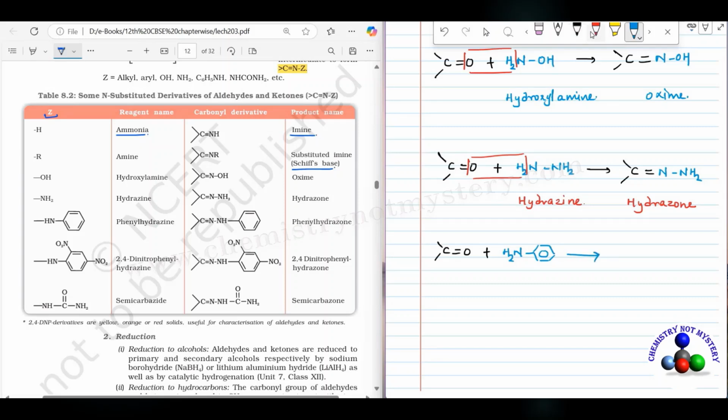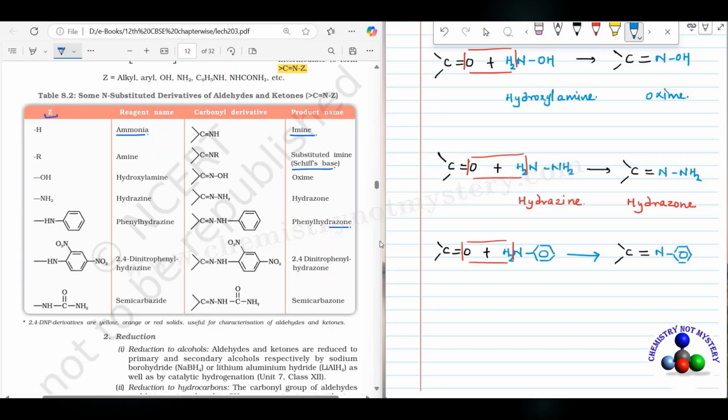Phenylhydrazine forms phenylhydrazone. Again remove the water molecule. So here you will get the product phenylhydrazone. So it is carbon double bonded to nitrogen and nitrogen is bonded to phenyl group. So this is phenylhydrazone.